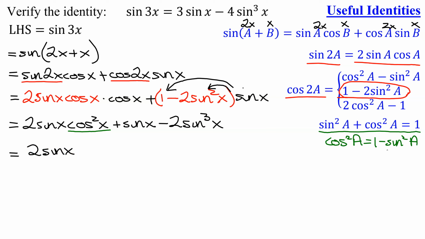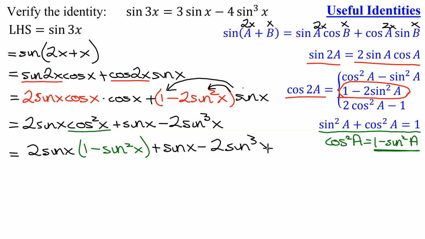So now, on my left-hand side, I'm going to get 2 times the sine of x, and now instead of cosine squared x, I'm going to write 1 minus sine squared. Remember, my argument's not a, it's x. Then the rest of it stays the same, plus sine x minus 2 sine cubed x.